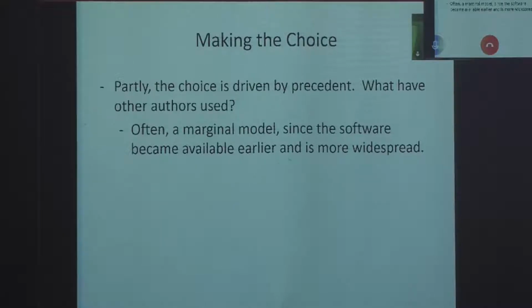So again, this isn't a good scientific reason for using marginal models, but it is a practical one. And like I said, marginal and conditional models produce very similar results in the end. So choosing an approach which reviewers are more comfortable with is not a bad idea.